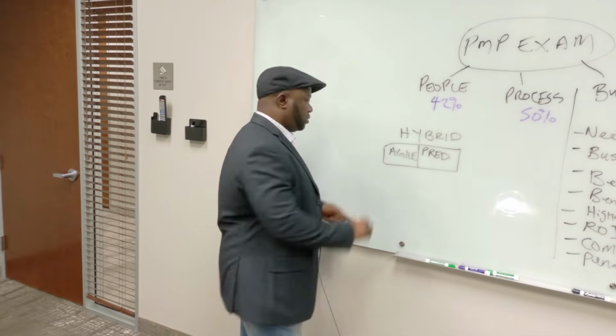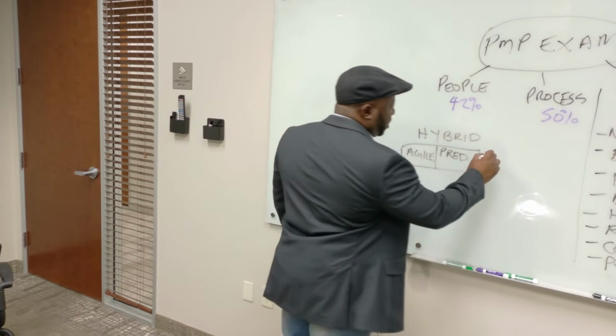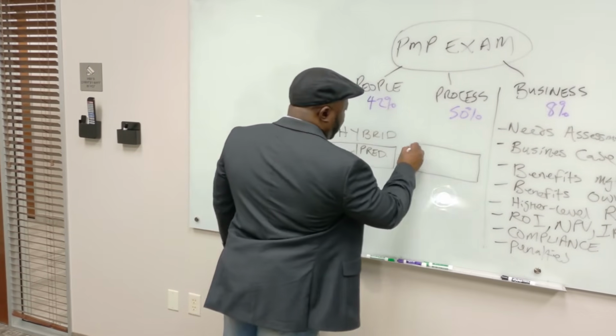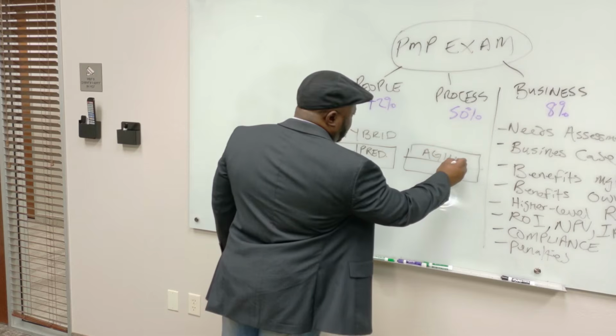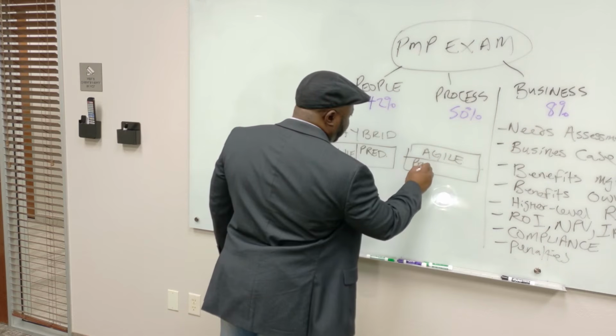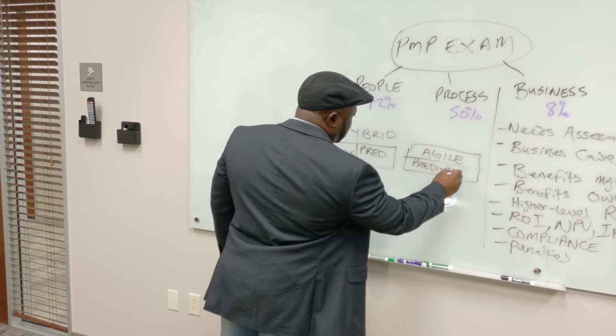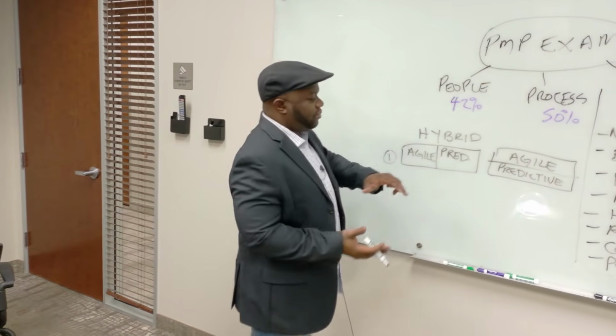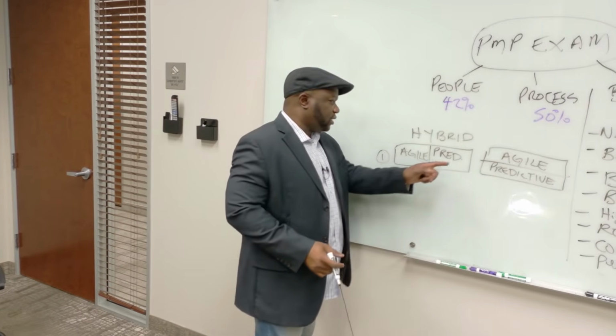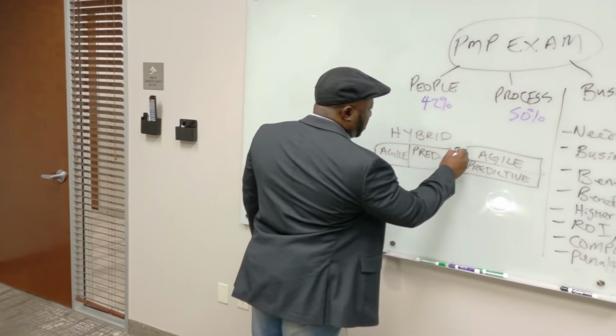That could be one model. The second model could be what I call an agile predictive sub. Agile and predictive, we're doing those at the same time for different segments of the project, but that's the second model.